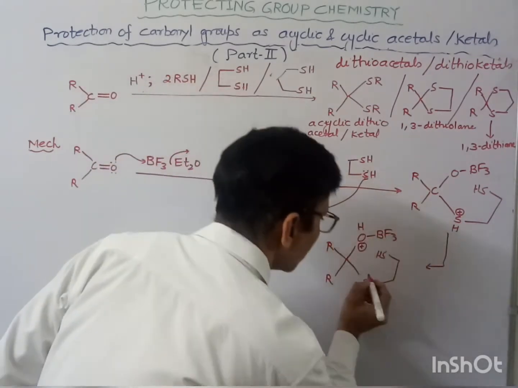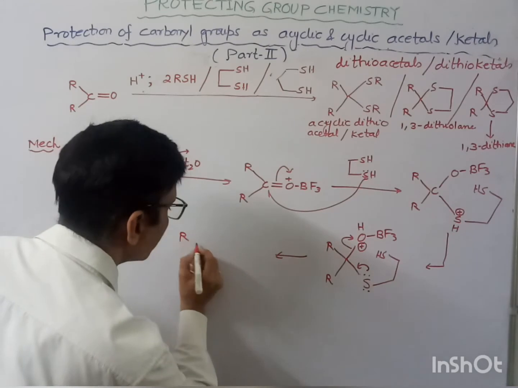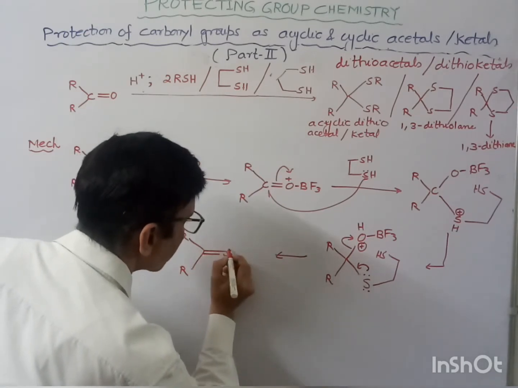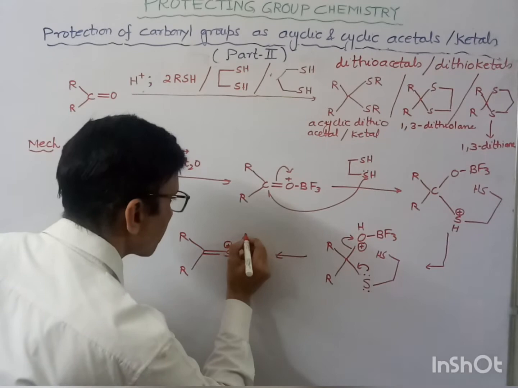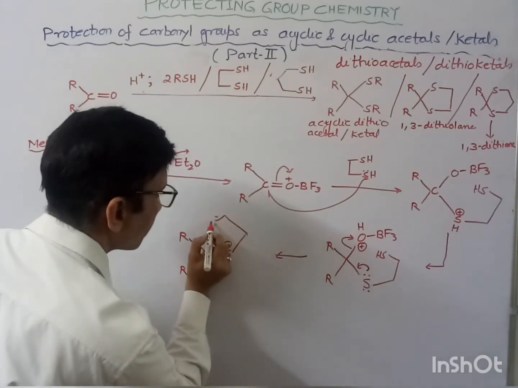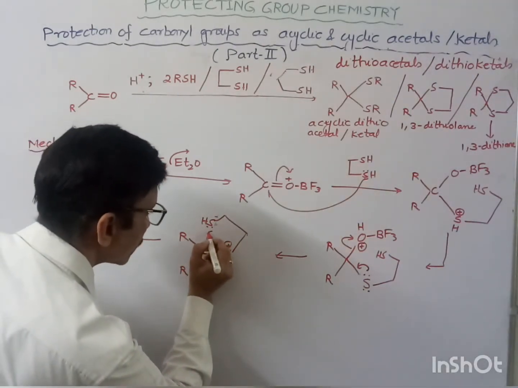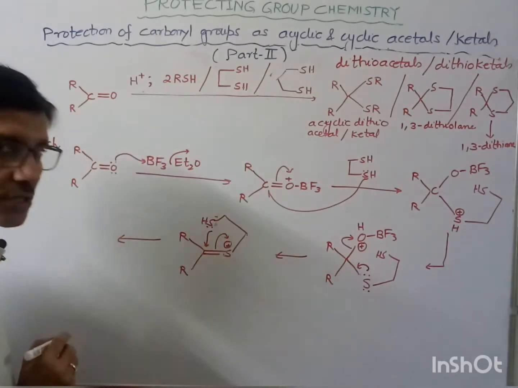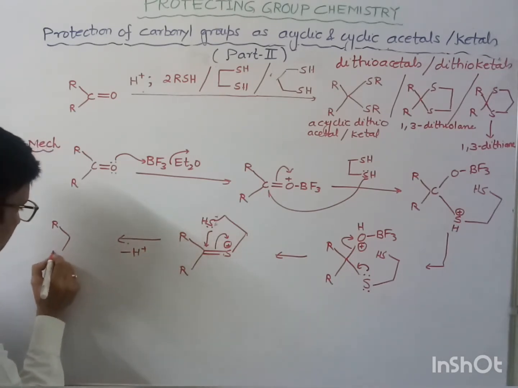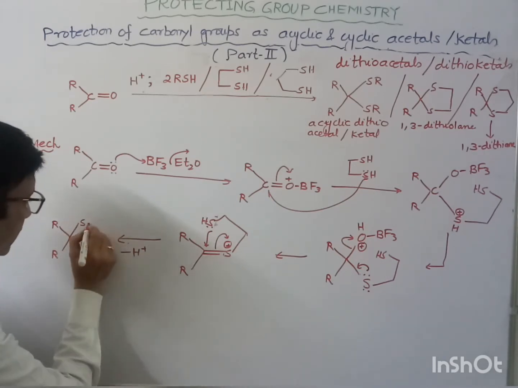Now this group will be removed, and this will attack over this electrophilic carbon center and this positive charge is neutralized, and what we will get is a cyclic dithioacetal.